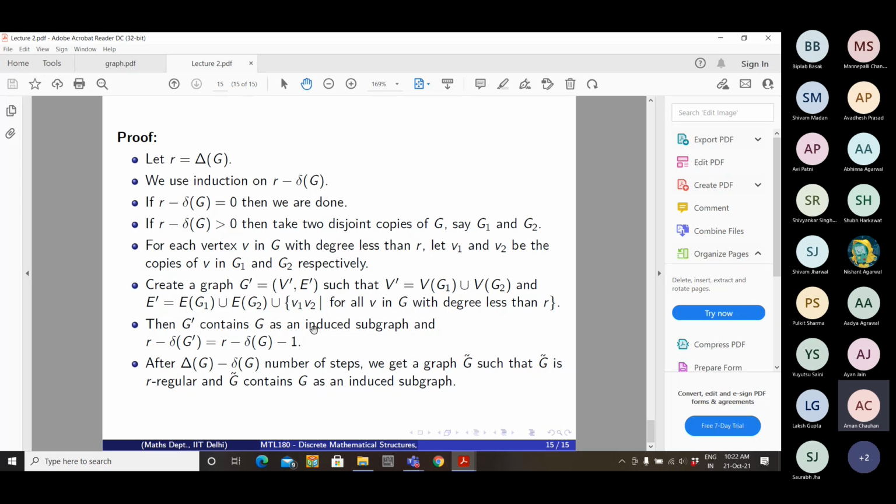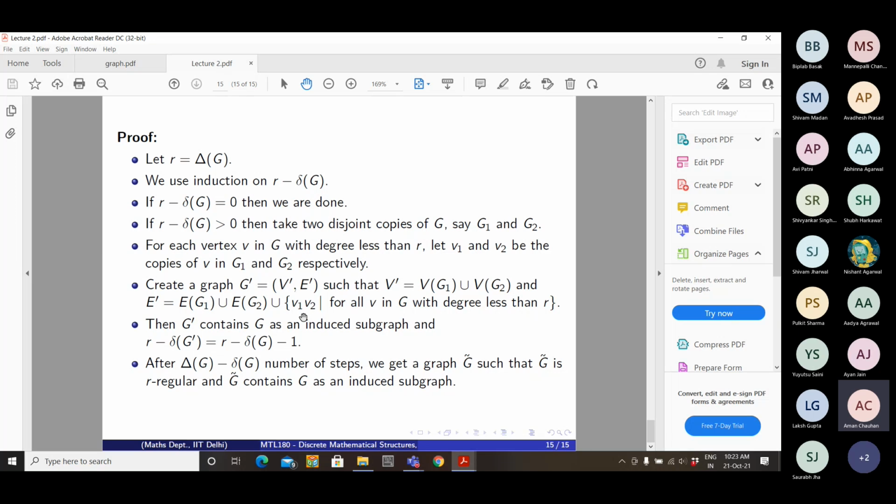Okay, so is it clear? Which extra edges are we taking here to construct G'? Please explain once more. Yes, where degrees are smaller we take two copies, one in G1 and the other in G2, and we simply attach these two vertices by an edge.